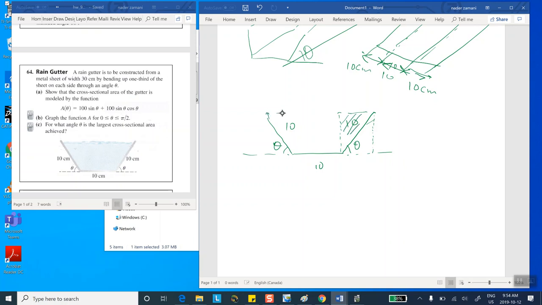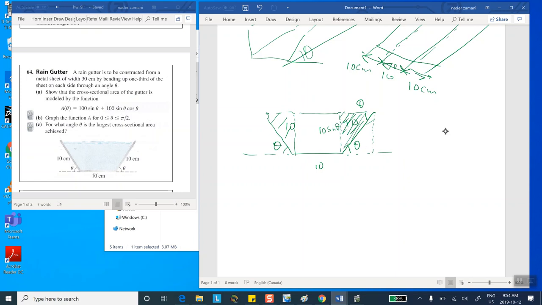So what I need is two of these areas, these triangles, plus the area of this rectangle. First of all, the area of that rectangle is this height. If you look at this right triangle, this angle is theta, this angle is theta. So this height is 10 sine theta.